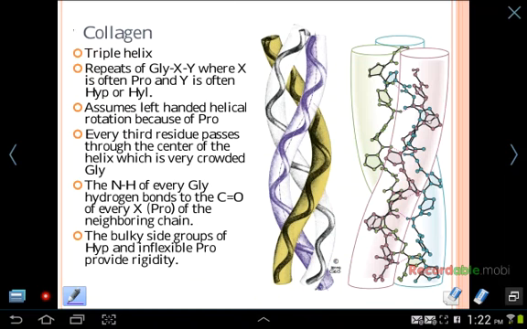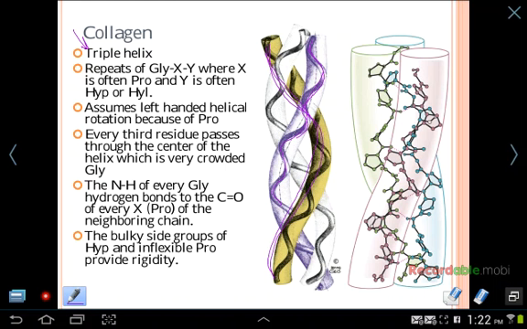So collagen is another example of a helix. This is a triple helix. It's actually left-handed helix monomers that then come together in a right-handed helix of a triple. So a triple right-handed helix made up of single left-handed helices. The reason we assume the left-handed helix is because there's a lot of proline.